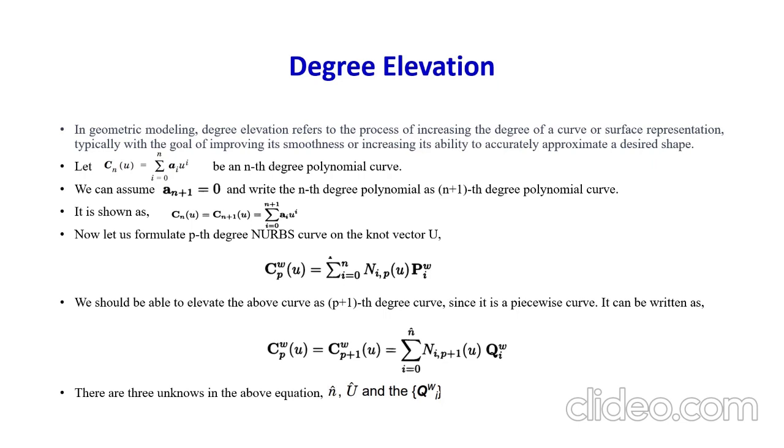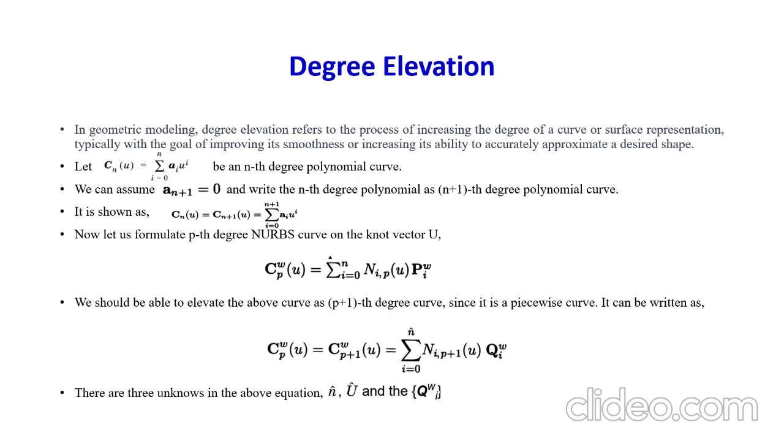One common example of degree elevation in geometric modeling is when representing curves. A first degree curve is always a straight line, while a second degree curve is a parabola. By elevating the degree to third or higher degrees, a curve can be represented as more complex curves, such as cubic spline or B-spline curves, that can better approximate shapes that are not well represented by a single straight line or a parabolic curve.